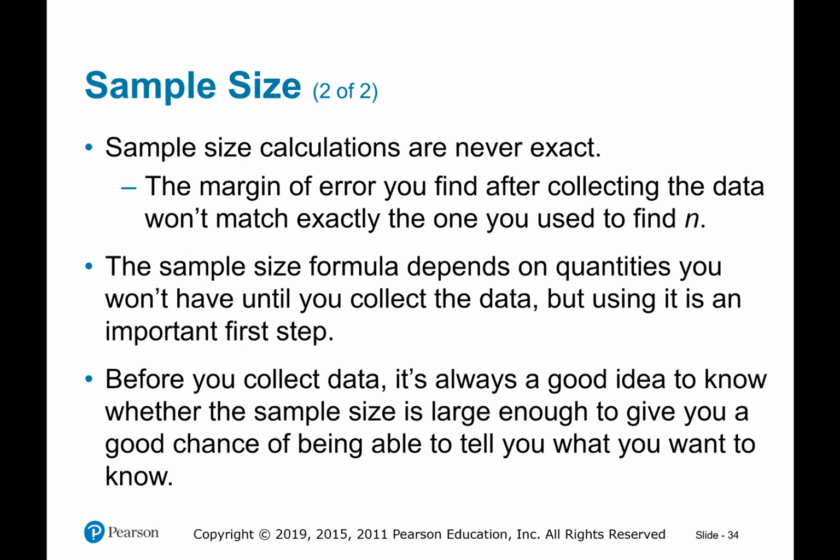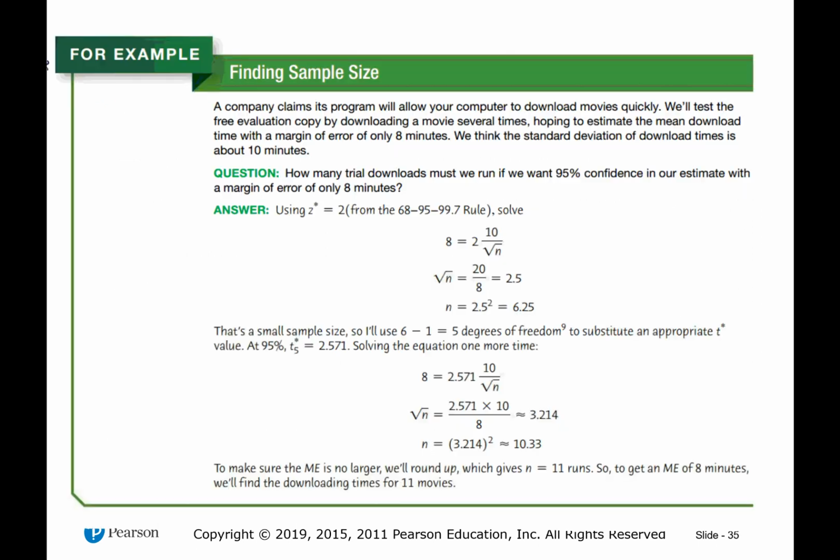Again, before you crunch anything, make sure the sample size is large enough to give you a good chance of being able to find out the answer to the question. Here's a great one. How big of a sample size is big enough? Company claims this program will allow your computer to download movies quickly. No, we're not talking about pirating. You're going to pay for this. This is legitimate stuff.